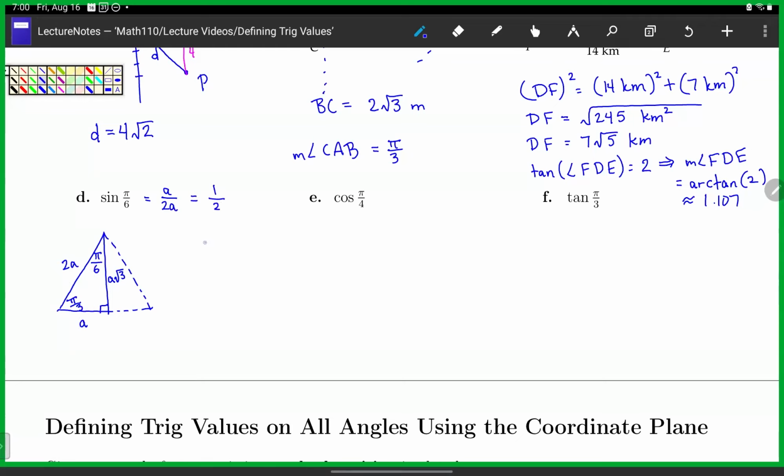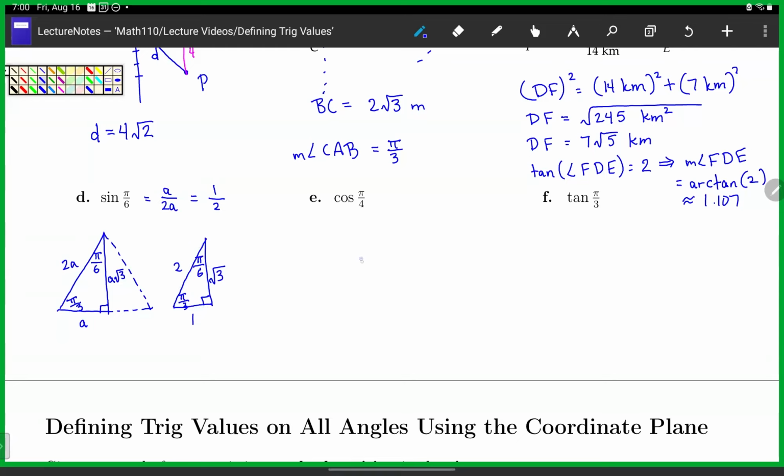So I could have just as easily done this with just side lengths. Here's my pi over 3 angle and pi over 6 angle, and side lengths 1, 2, and square root of 3. Remembering, of course, that the hypotenuse is twice as long as the shorter leg. Okay.